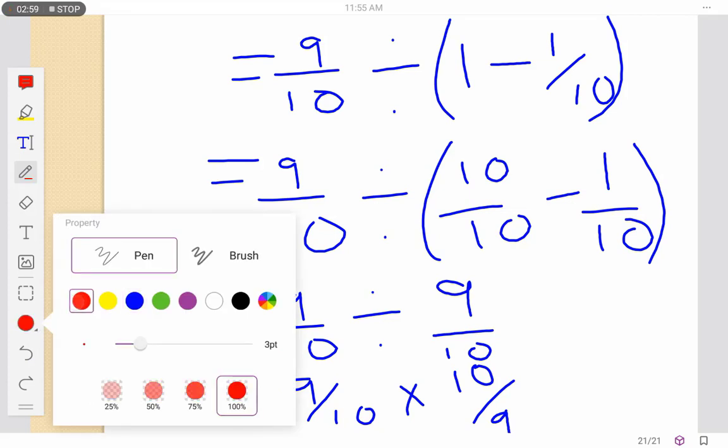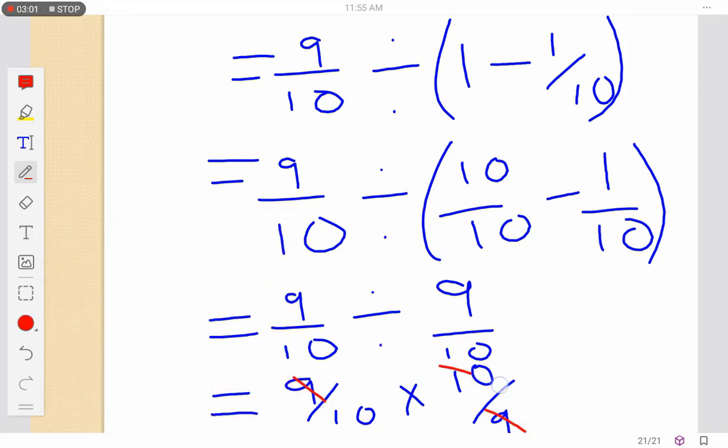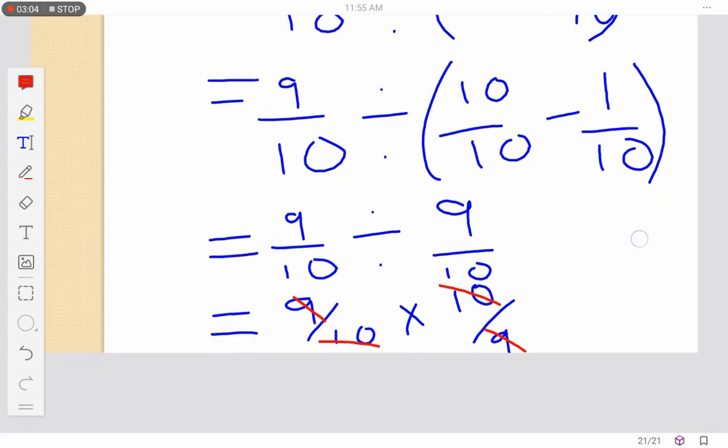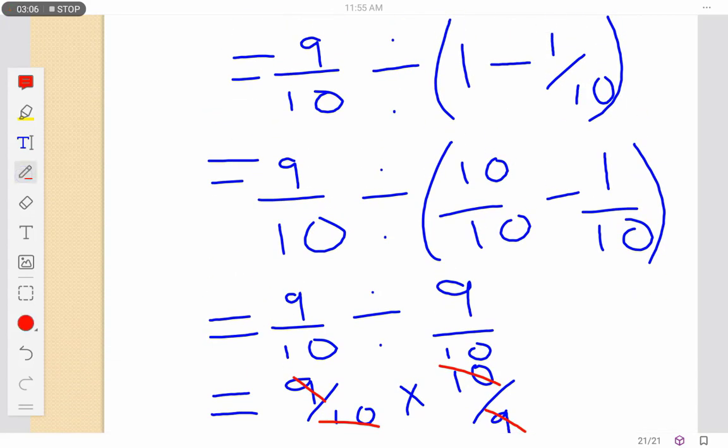This one divides there, this one divides there, and we get our answer: 1. So the sum to infinity is equal to 1.